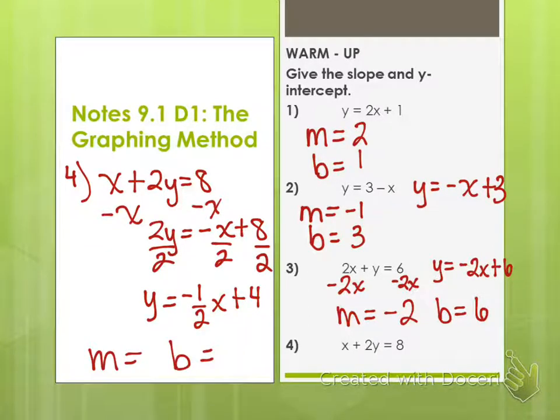Who can help me out on this one? Needing some new volunteers today. Kion, thank you.